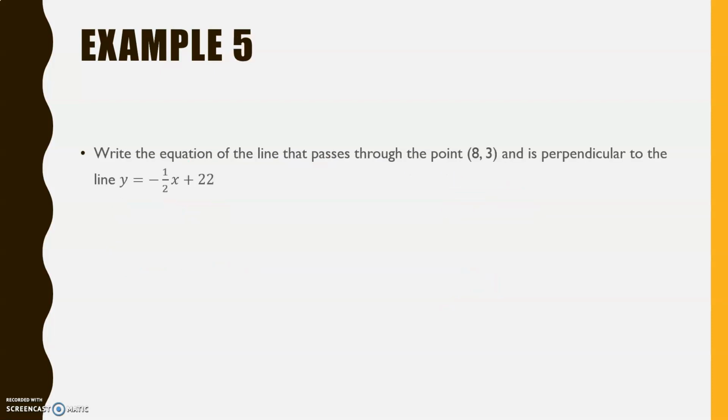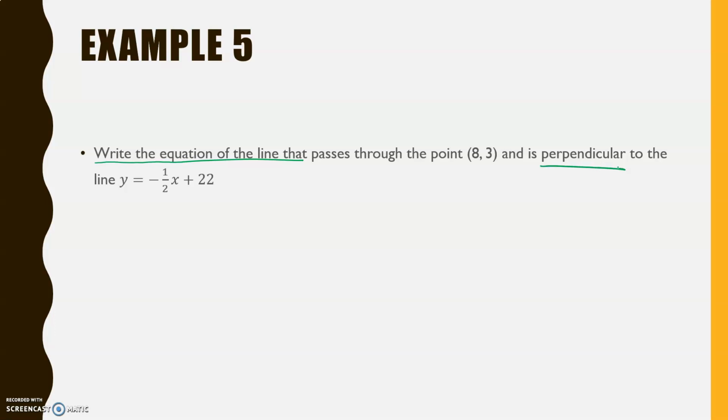Last one, write the equation of the line that passes through the point 8, 3 and is perpendicular to the line y equals -1/2 x plus 22. When you see a problem that just says write the equation of the line, it doesn't say slope-intercept, it doesn't say standard form, you get to pick. But let's start with, we need to know what the slope is.